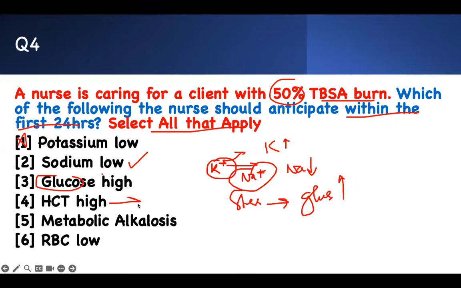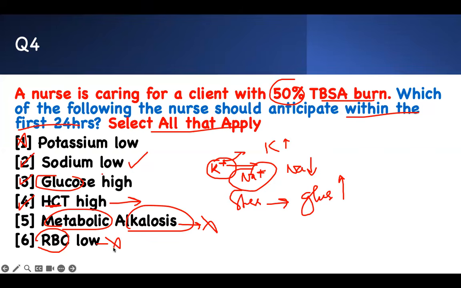Because of the loss of fluid, your blood is going to be concentrated. So your hematocrit is going to be high. This is also going to be high. You're going to have metabolic acidosis with all this dehydration and everything. It's not going to be alkalosis. You're going to be in acidosis. So this is wrong. Your RBC is related to your hematocrit. You lose fluid, so it's going to be what?